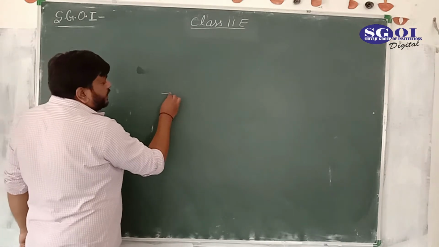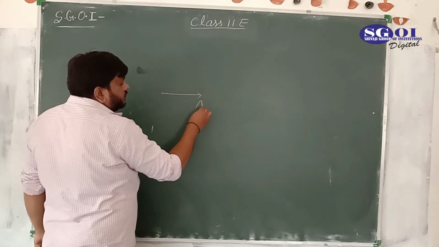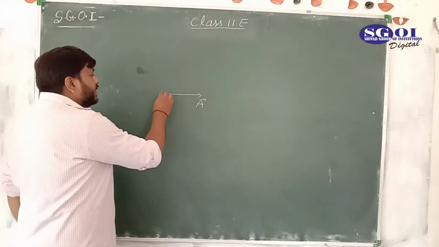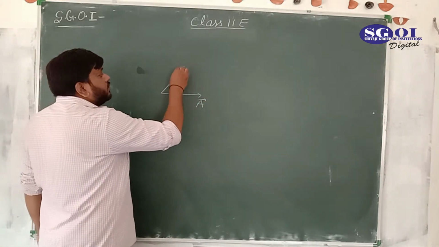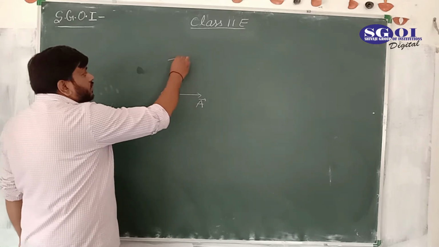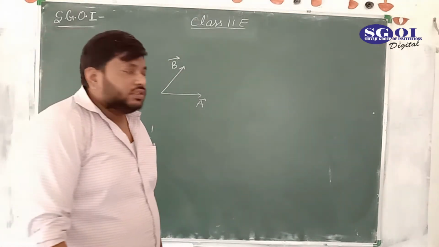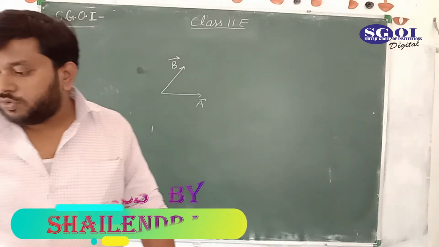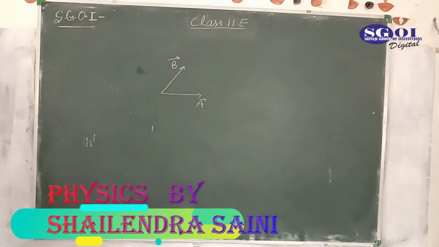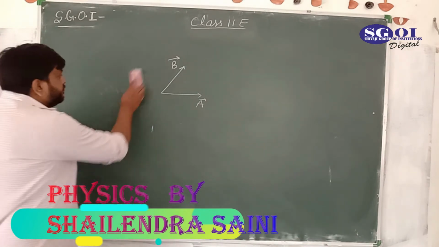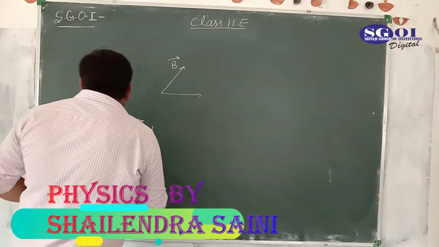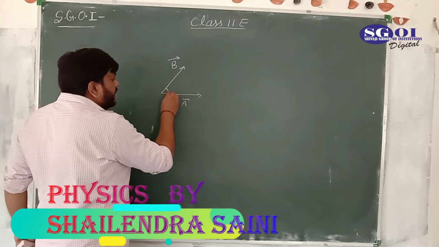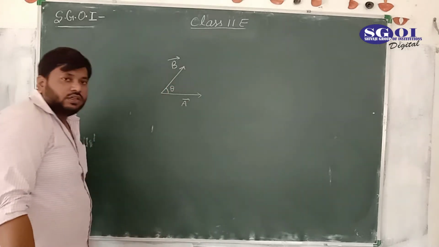Suppose we have a vector A, and we have another vector B, and suppose we want to find the resultant of these two vectors. The angle between them is theta.